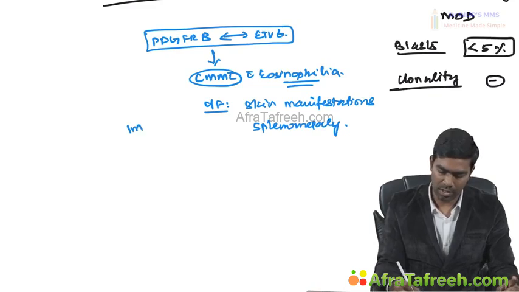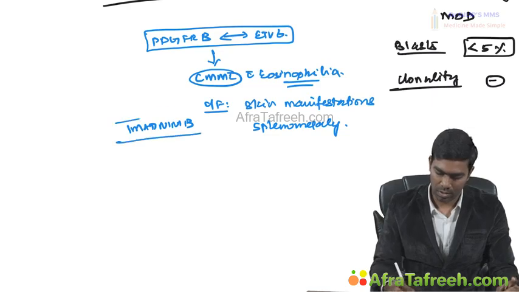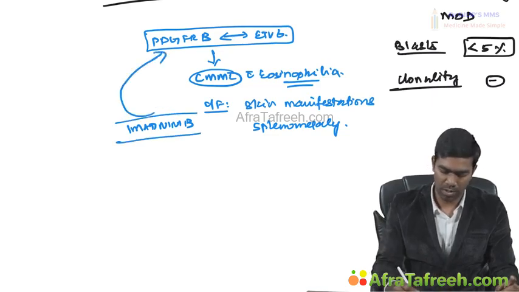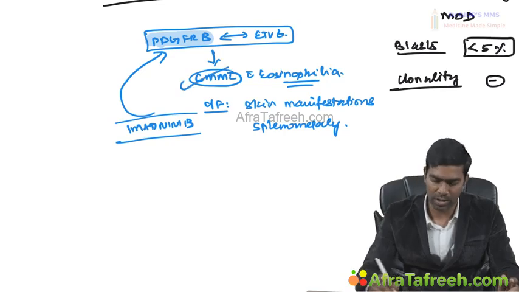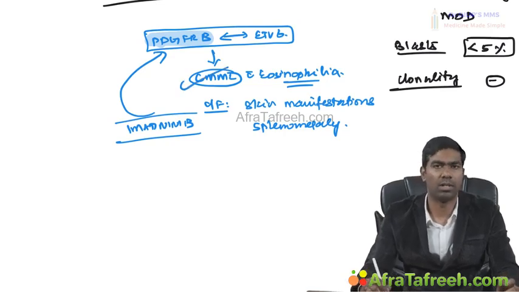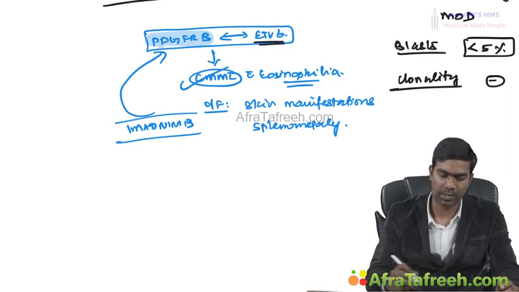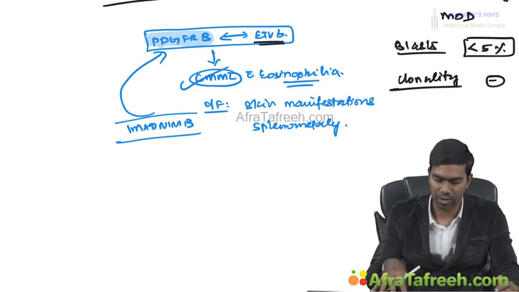And again remember, they will respond to imatinib. Clear? Please do remember, these PDGFR related rearrangements will still respond to imatinib. Very important point. So imatinib is also the treatment for CMML with eosinophilia, that is this PDGFR-B and ETV6 fusion.